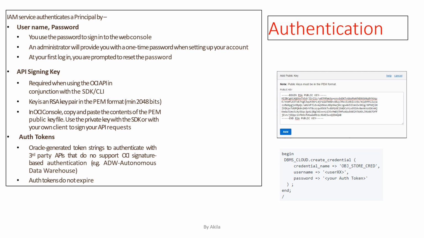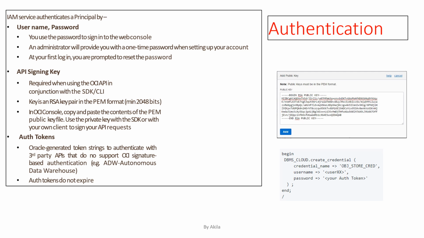So whenever we need to use the username, password as well as the API signing key, that format is also given here, adding the public key. And the authentication token, that also we need to provide to access third-party APIs which are supported by OCI.